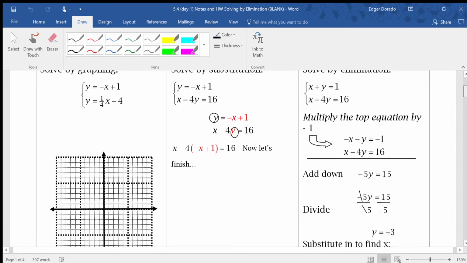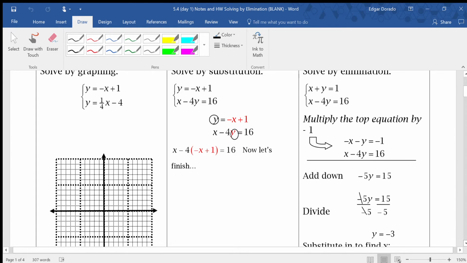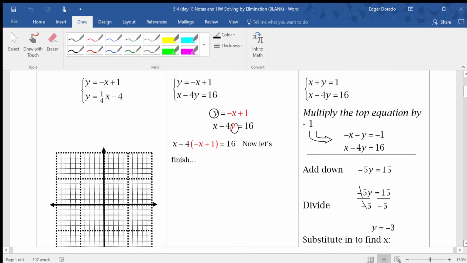Just for the sake of time, and because we have already done these exact problems in the past section, I'm going to fly through these pretty quickly. For the first equation, I'm going to graph it. I have a slope of negative 1 over 1 and a y-intercept of (0, 1).